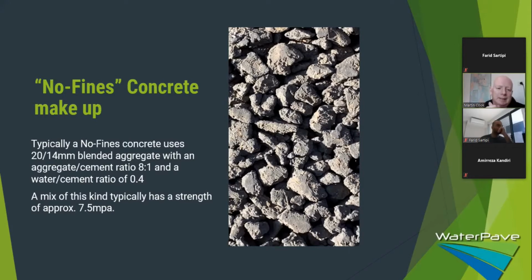The reason for that is that it does have a lot of aggregate and not a lot of cement. So it's really just a consolidated loose stone. And that's pretty much what no fines concrete is. Hence there are quite a few issues with that if it's ordered and used in the incorrect environments.